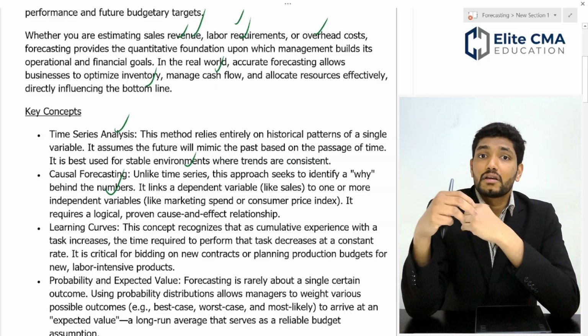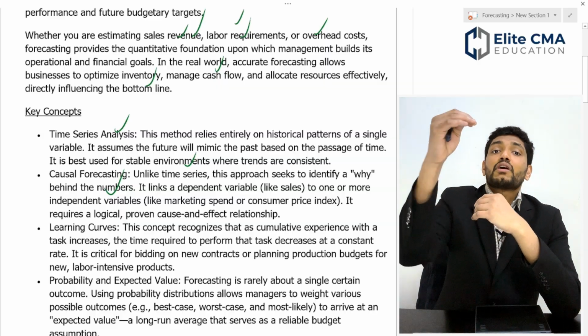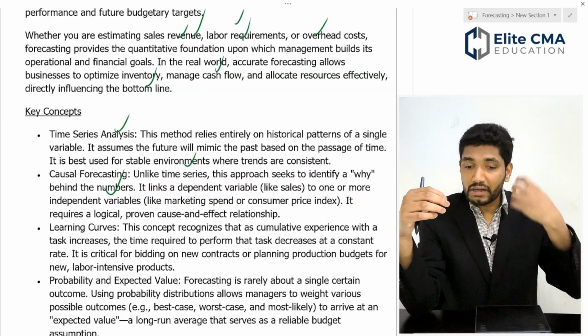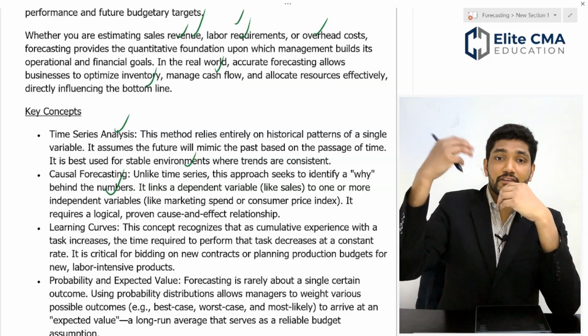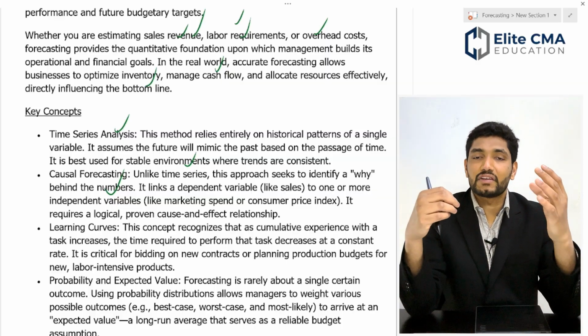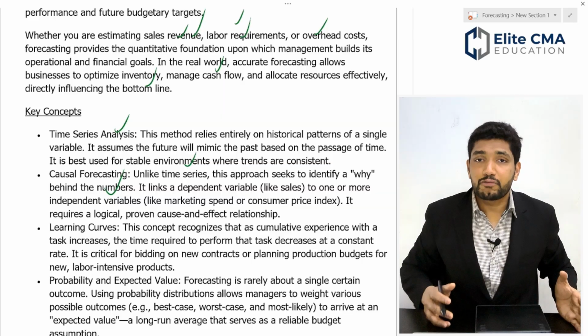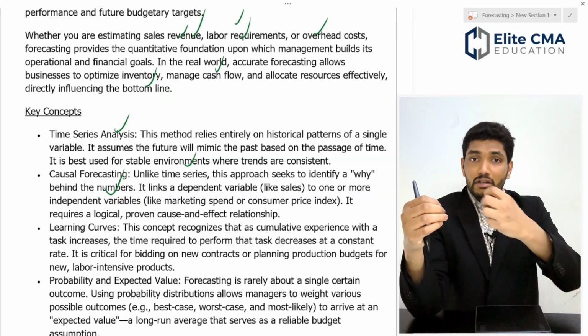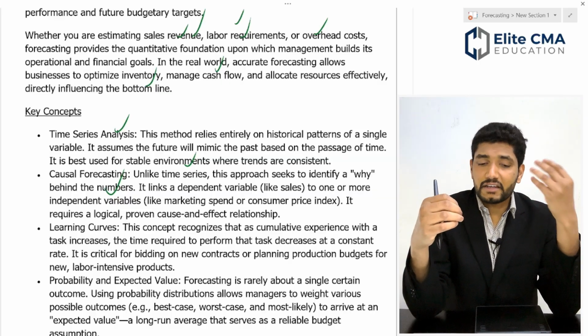Suppose you are trying to link your total sales value with your advertising cost or your marketing effort or whatever it is, or your production efficiency with your labor efficiency or labor effectiveness. So in causal forecasting, you are trying to link your key data with one of the related data.